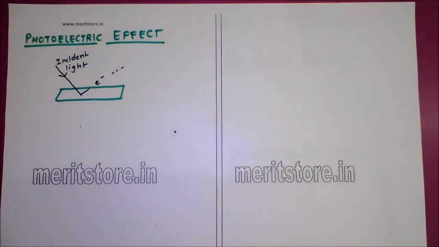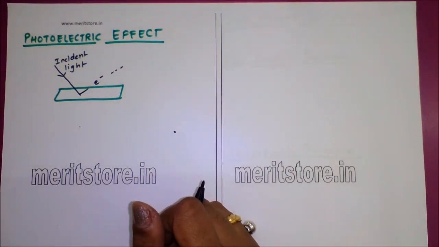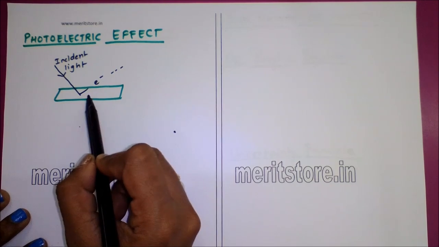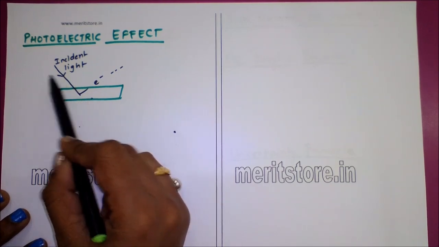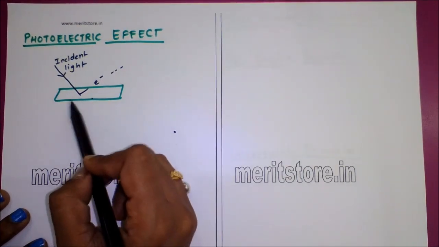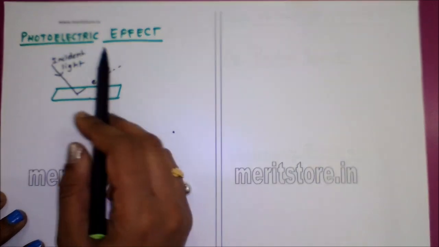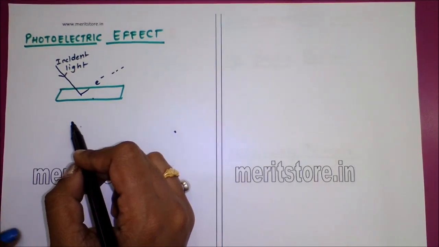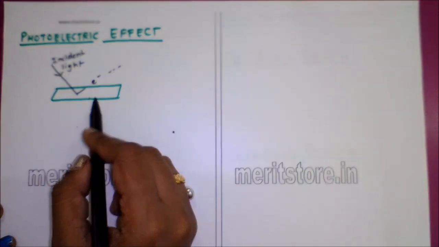Now we'll be talking about the photoelectric concept. The phenomenon of ejection of electron from the surface of the metal when light of suitable frequency strikes on it is called the photoelectric effect. Now there are different observations we have to remember related to the photoelectric effect.